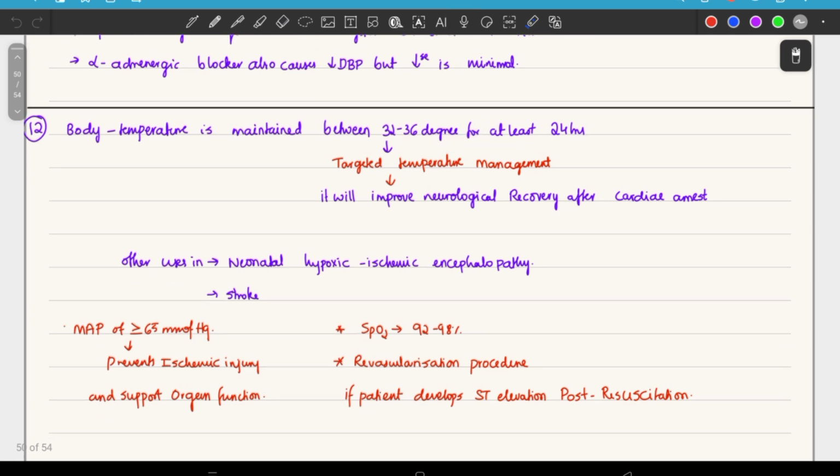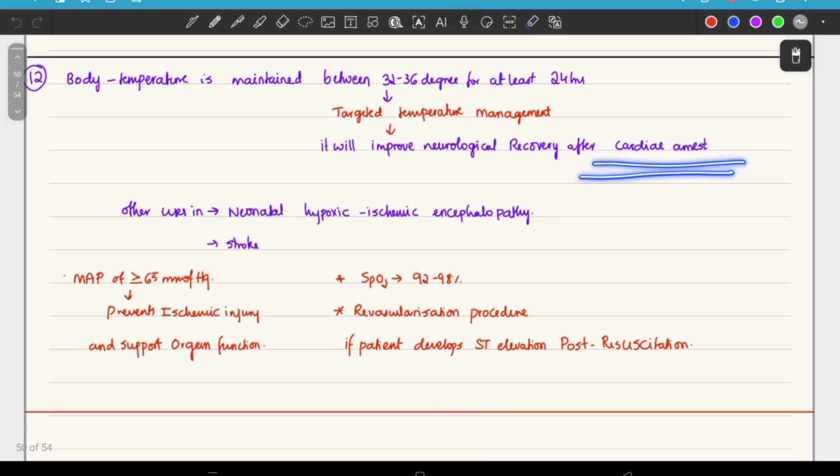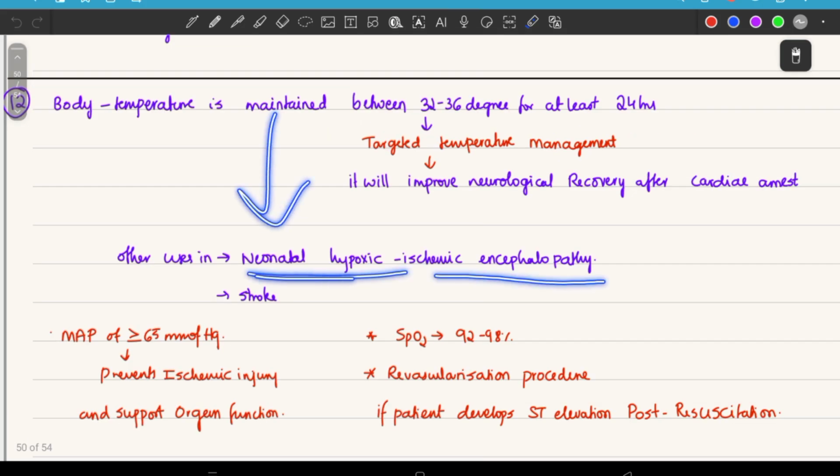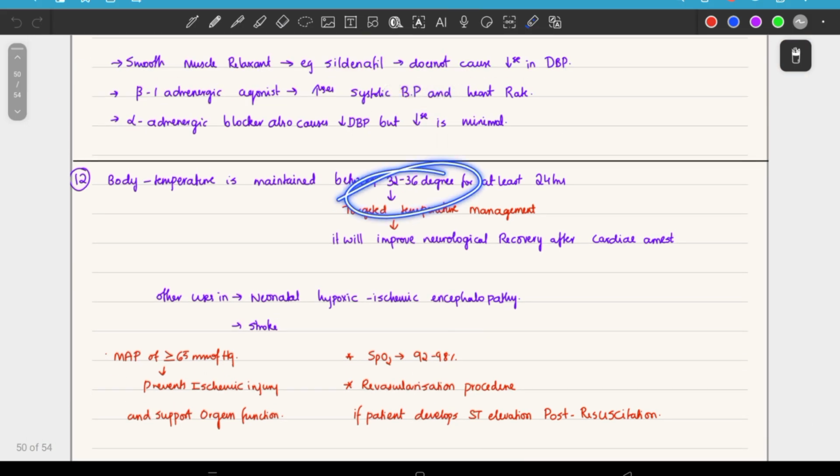That is nothing but targeted temperature management. It will improve the neurological recovery after cardiac arrest. Other uses are neonatal hypoxic ischemic encephalopathy and stroke patients. We will maintain the temperature at 32 to 36 degrees Celsius.